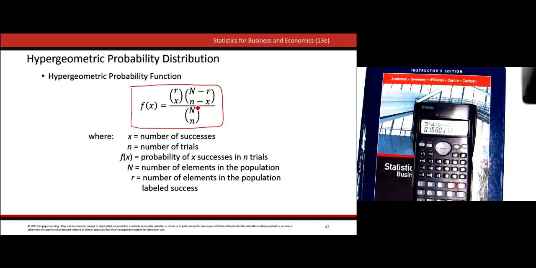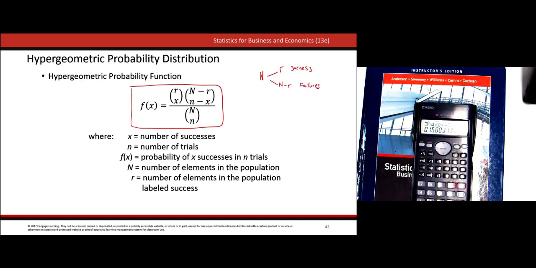This gives the number of ways you select n objects out of N, or n individuals out of N individuals. r is the number of elements in the population labeled as success. x is the number of successes. If in the population, so you have total N, if r successes we have, then this means another N minus r must be failures.